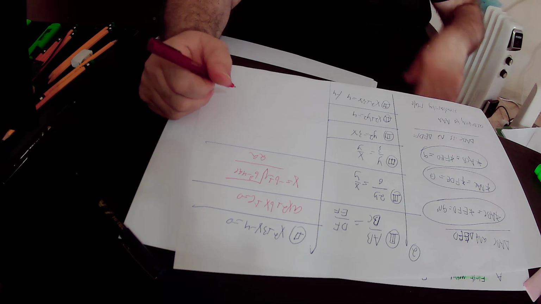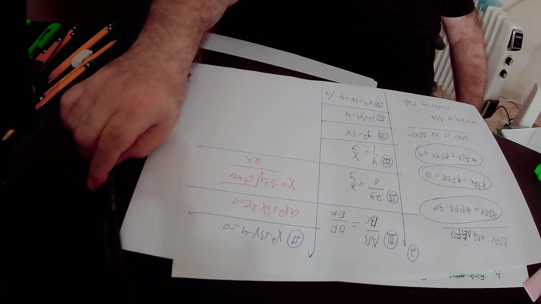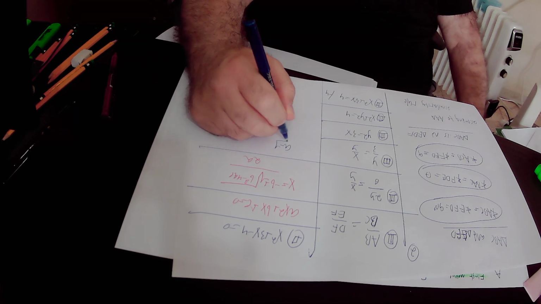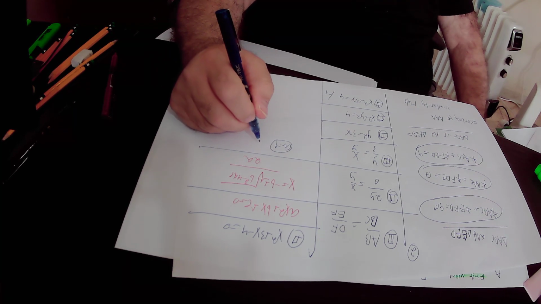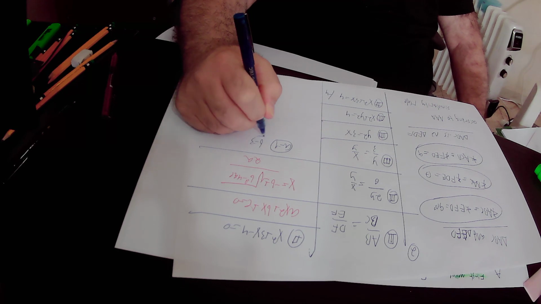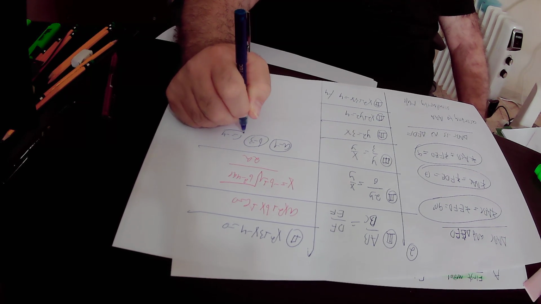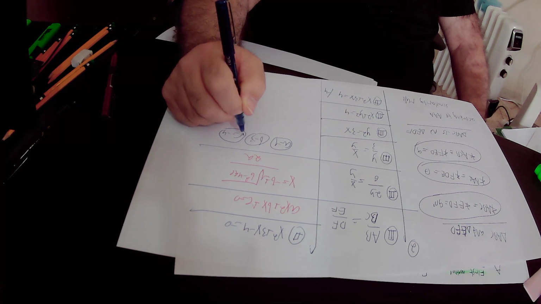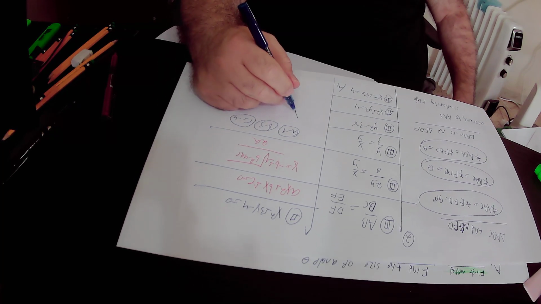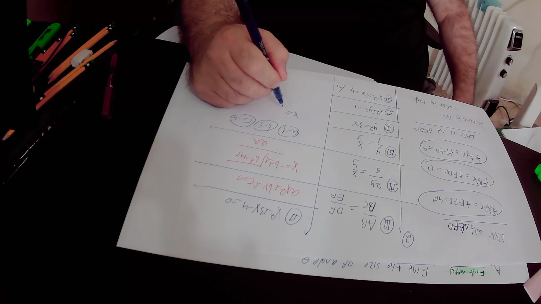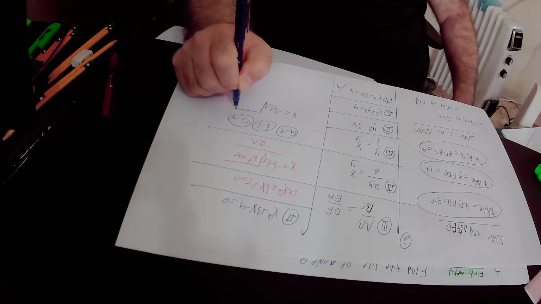In our specific quadratic equation, the coefficient a equals 1, the coefficient b equals 3, and the coefficient c equals minus 4. The variable that we are looking for is x, so x equals minus b, and b equals 3, so minus b is minus 3, plus or minus the square root of b squared.